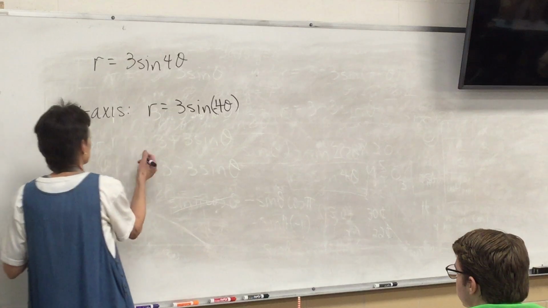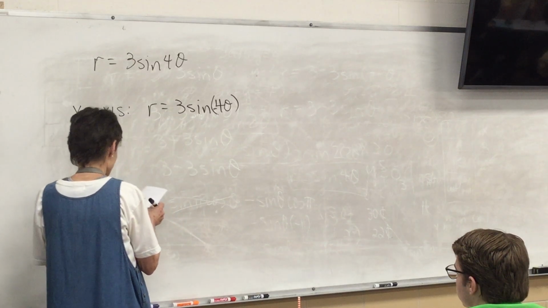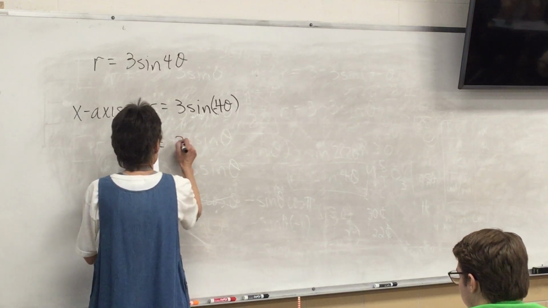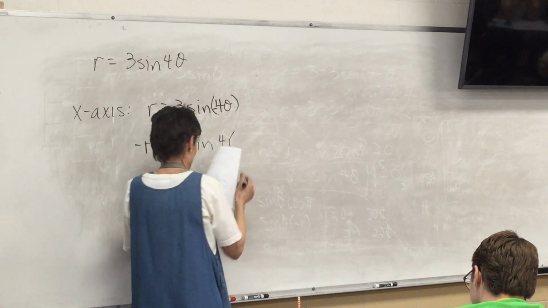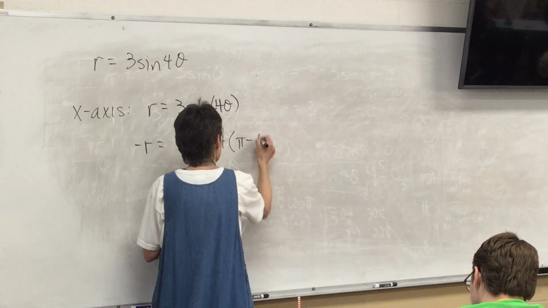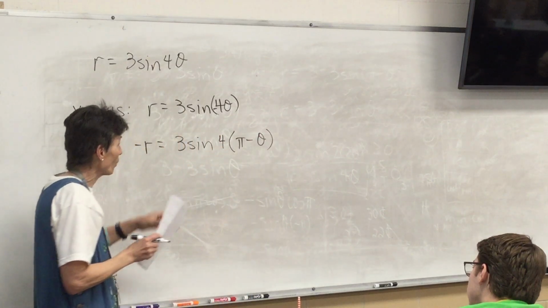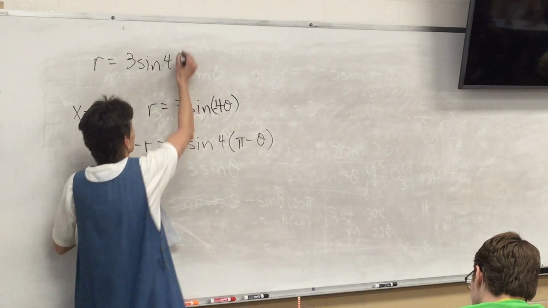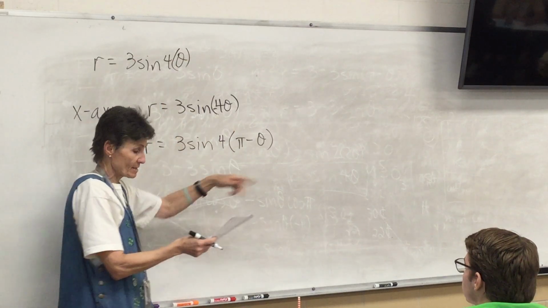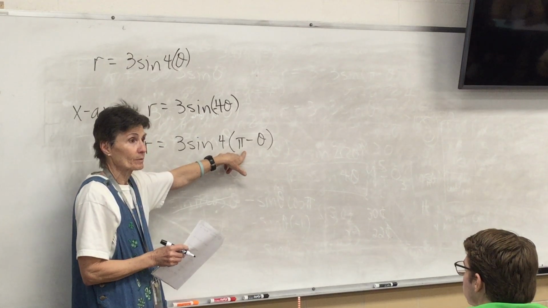All right, so I need to try the other one. The other test says negative R equals 3 sine 4 pi minus theta. Now you gotta be careful with that 4 in there because you're replacing the theta with whatever it is, in this case pi minus theta.